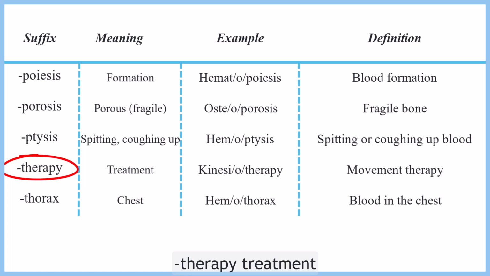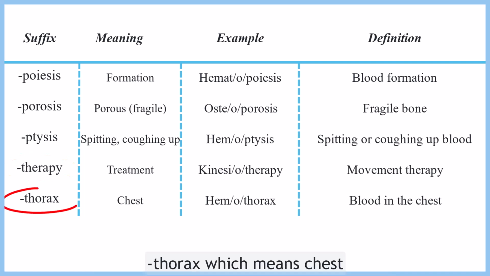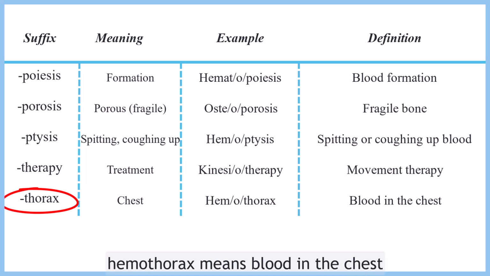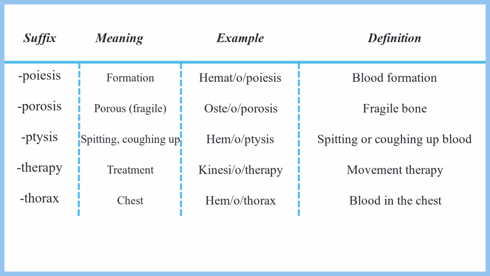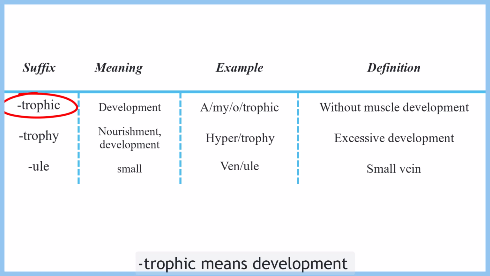Therapy. Treatment. Kinesiotherapy means movement therapy. Thorax, which means chest. Hemothorax means blood in the chest. Trophic means development.